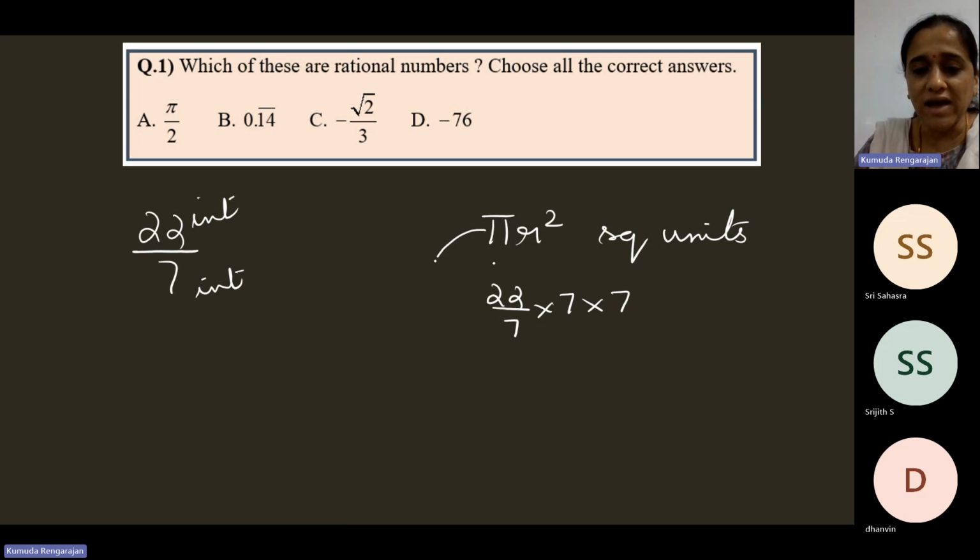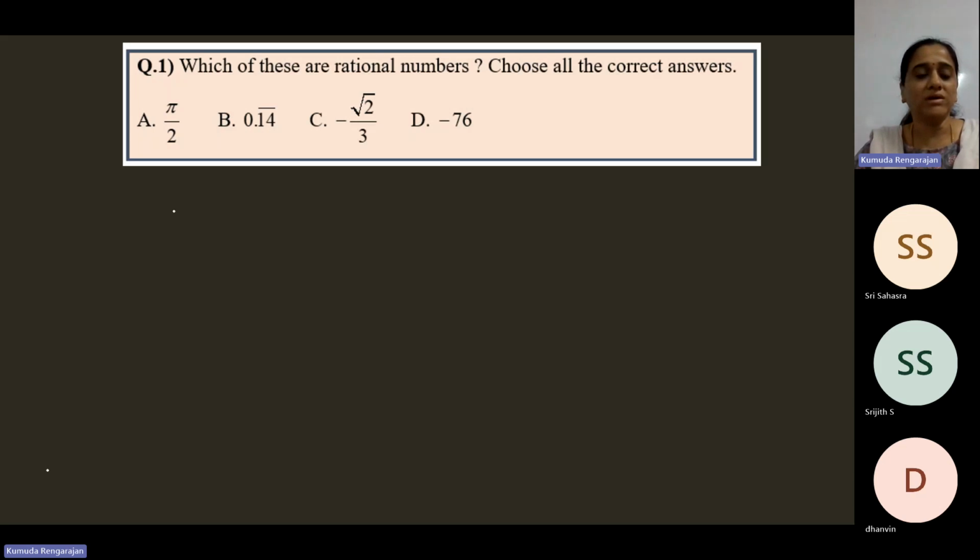So we take the value of pi as 22 by 7. But the value of pi is not 22 by 7. Pi is a non-terminating, non-repeating decimal. Now, what is this pi? Let's understand what this pi is.